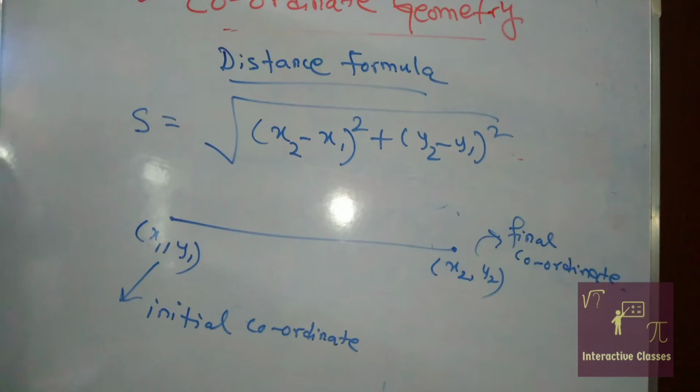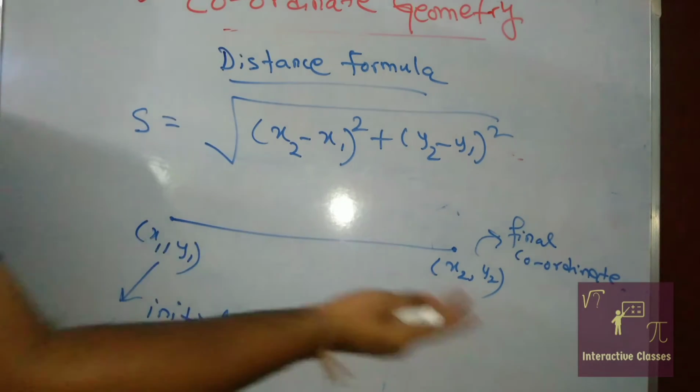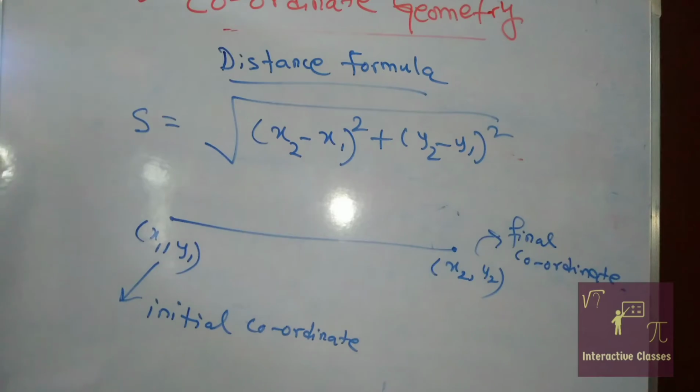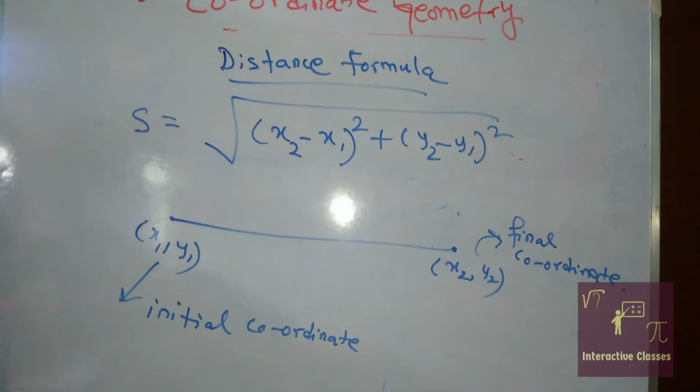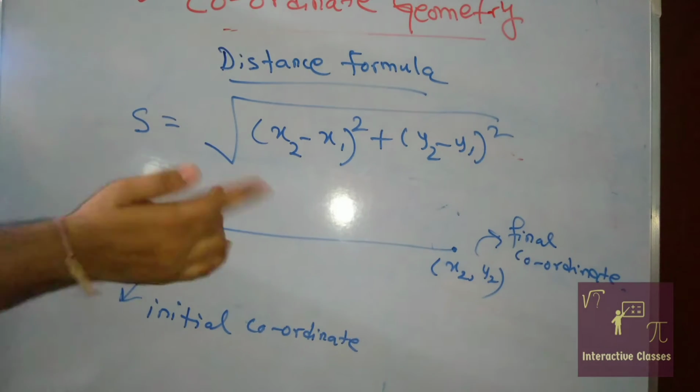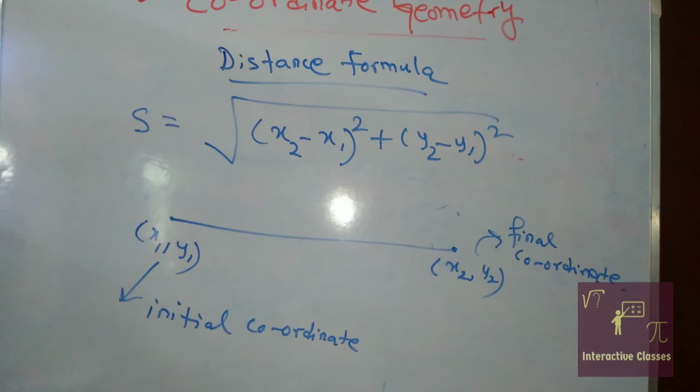Now just see one thing, how to understand which is initial and which is final. It doesn't matter. You can take any point as initial or final, because the distance will be the same. From this point to this point, the distance is the same, and from this point to that point, the distance is the same. So it doesn't matter which point you take as the initial and which as the final.